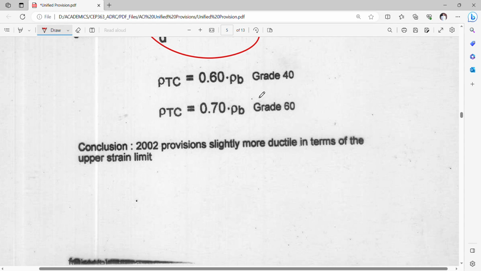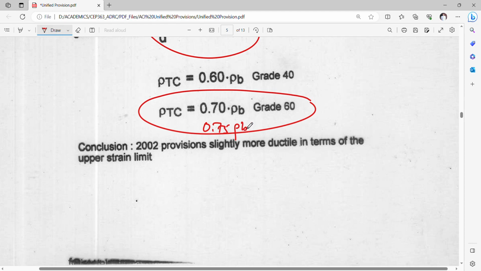So in our new version, in our 2002 and the newer version, the maximum steel ratio is slightly lower, but compares fairly well with that of grade 60. Okay, because this is 0.75 actually on the older codes.